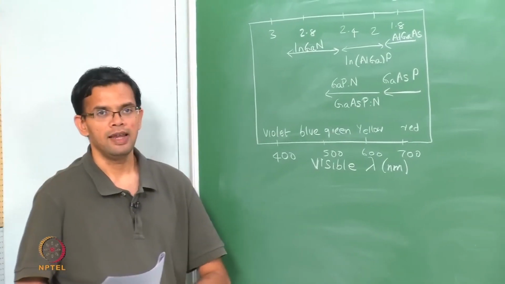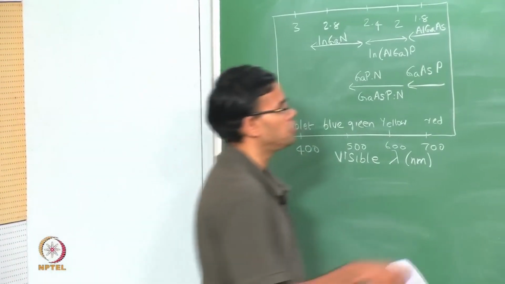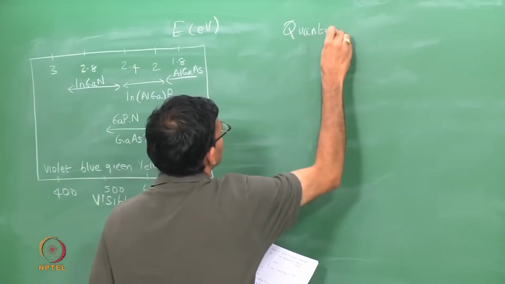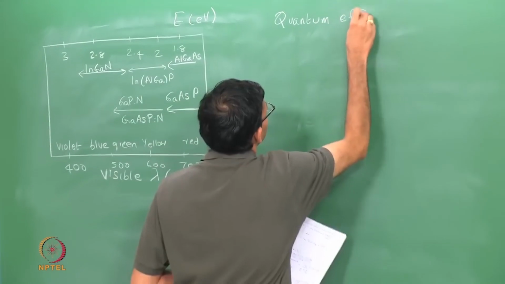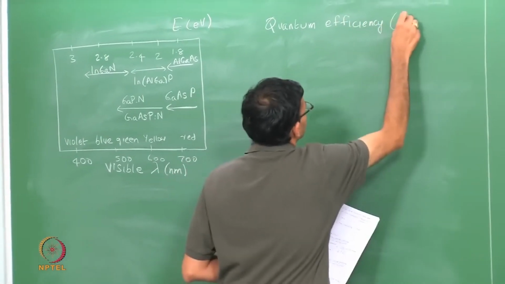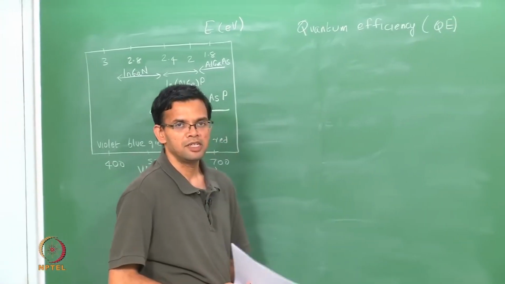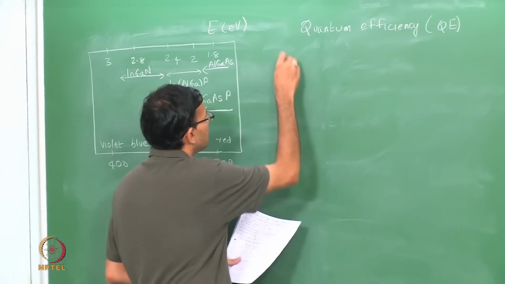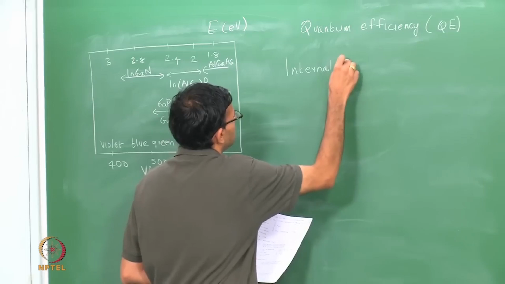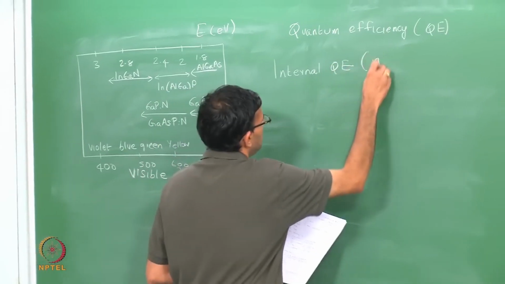When we talk about LEDs, we usually talk about a factor called the quantum efficiency. I am going to abbreviate this as QE. Now, there are different metrics for the quantum efficiency. The first one is called the internal quantum efficiency. I am going to denote this as eta IN.